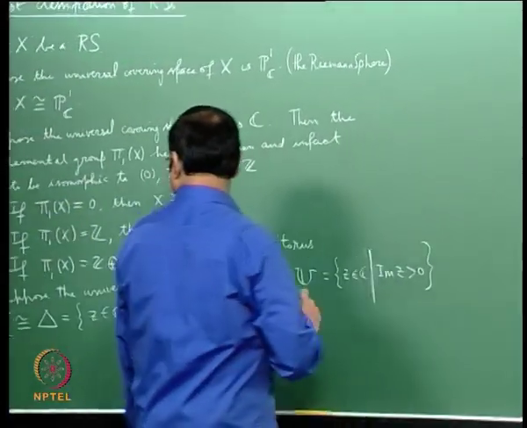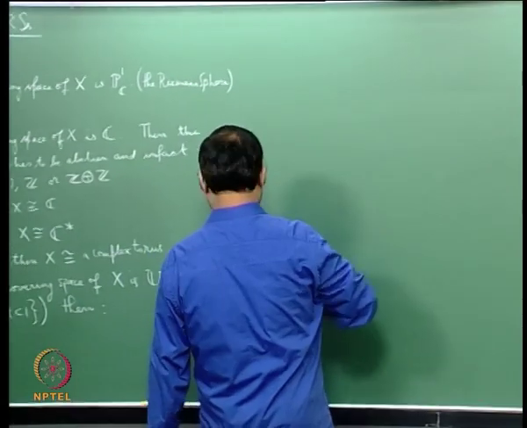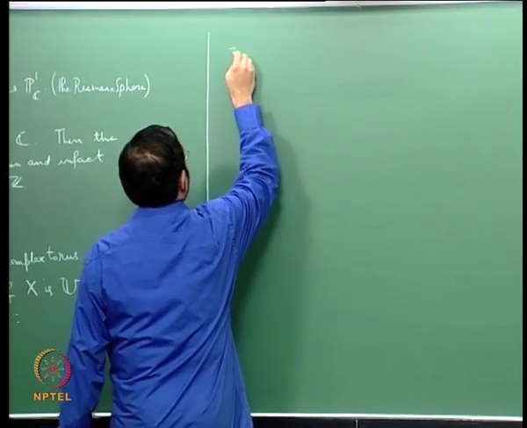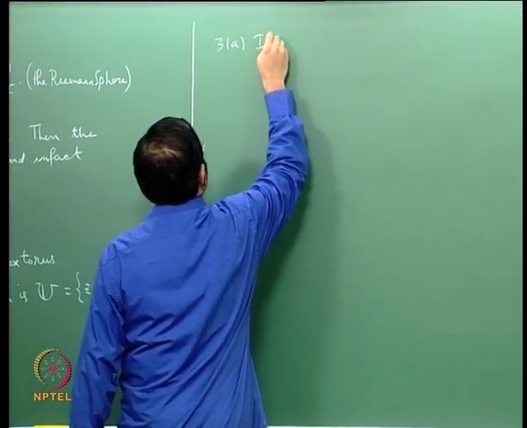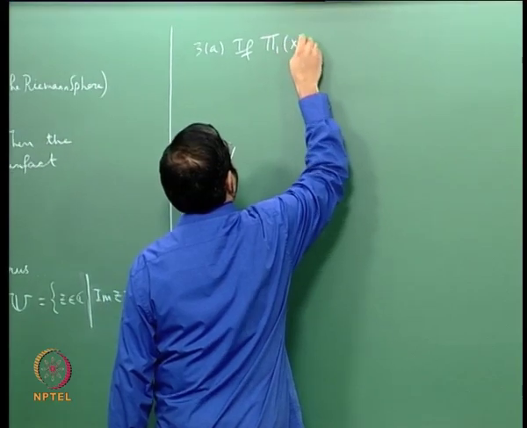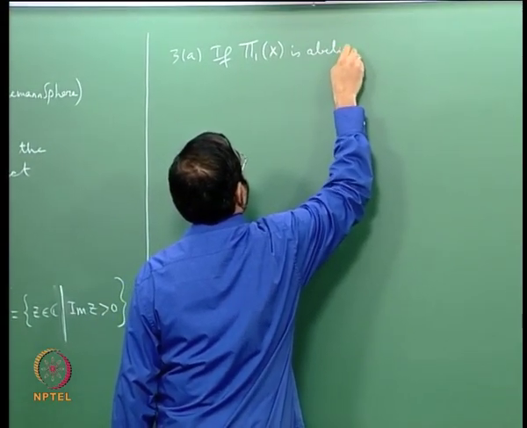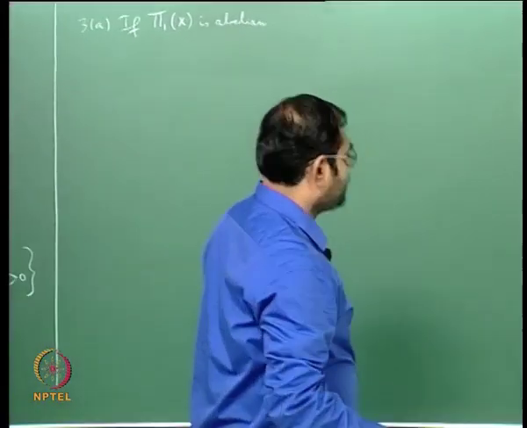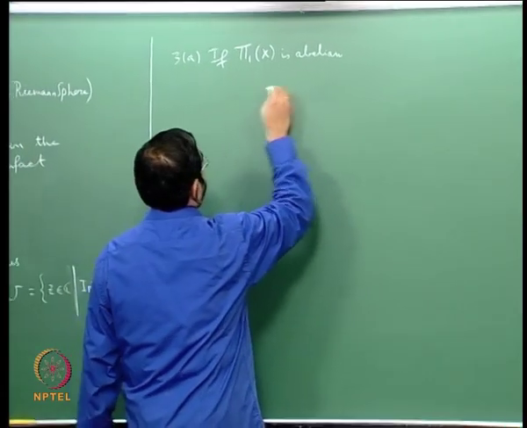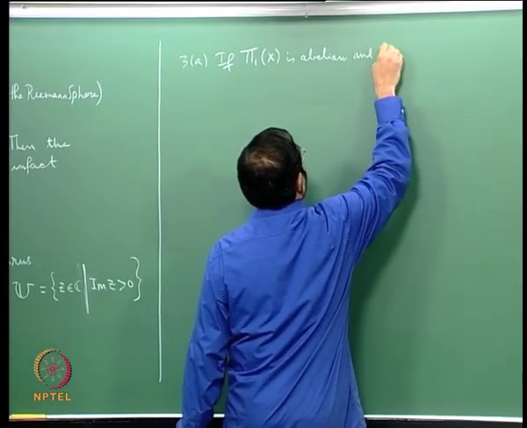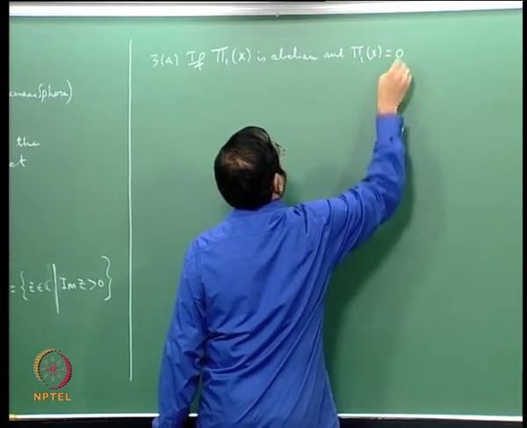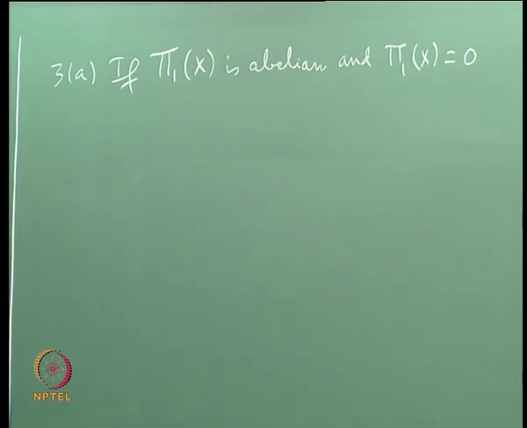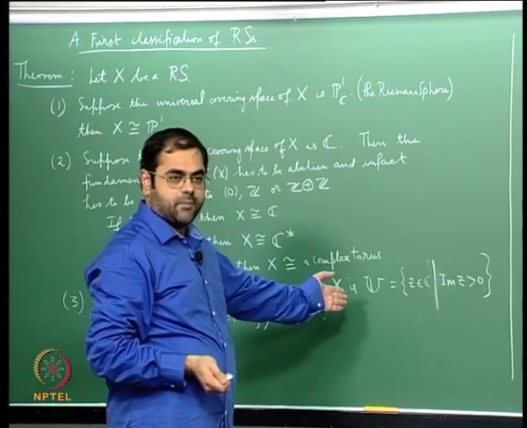Let me continue here, maybe I will draw a line here somewhere. 3a, if pi 1 of X is abelian, and pi 1 of X is 0, then what you are going to get is again just the upper half plane or the unit disk.